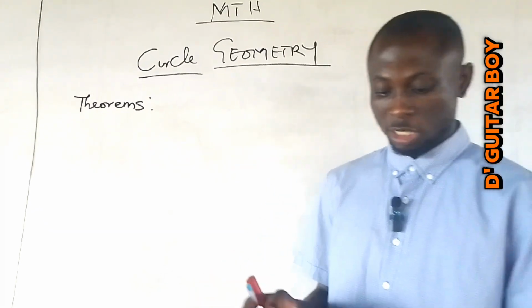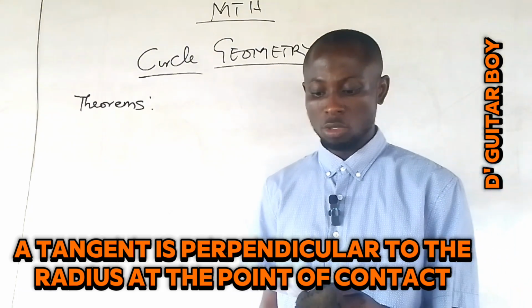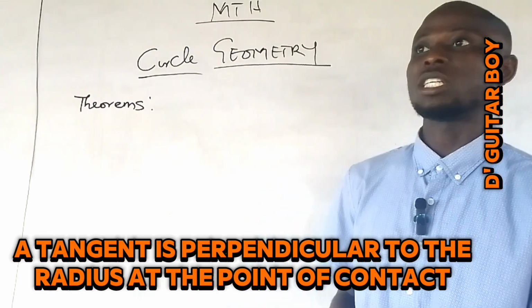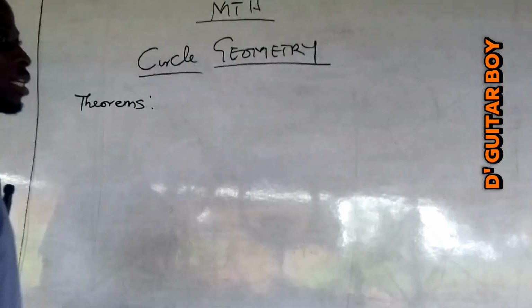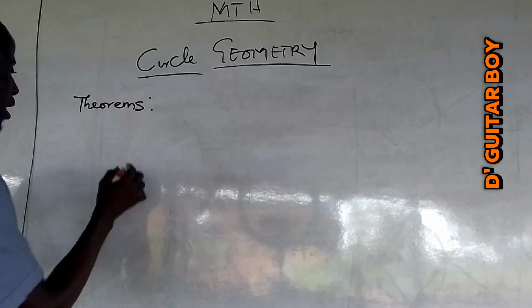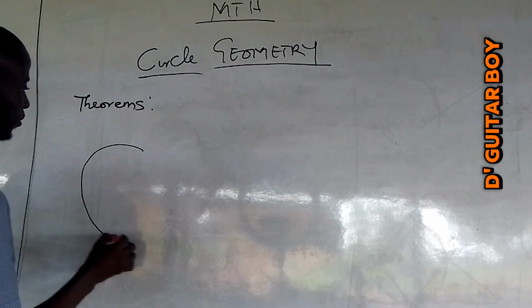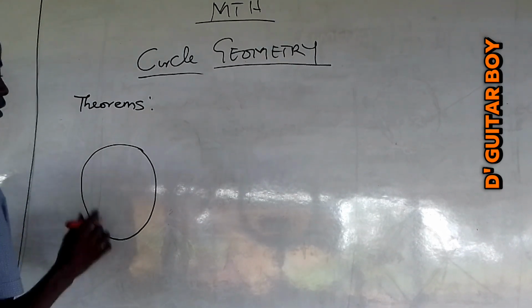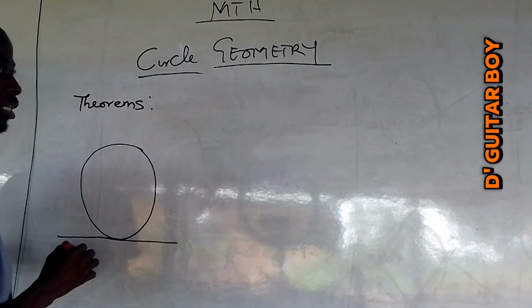So the first one is: a tangent is perpendicular to the radius at the point of contact. This theorem is saying, let's say we have a circle and we have a tangent like this.